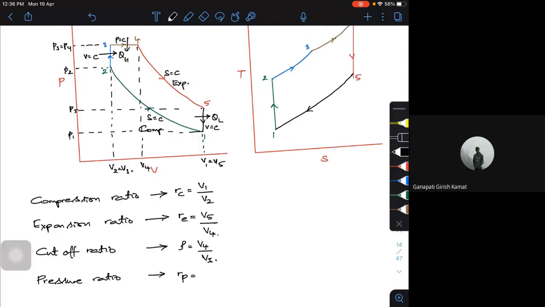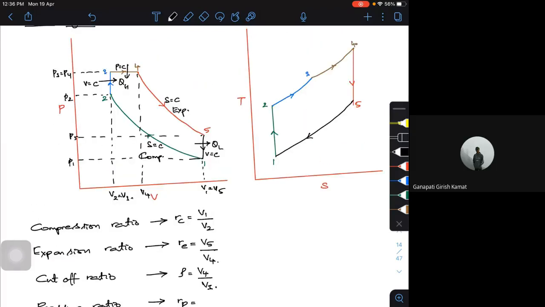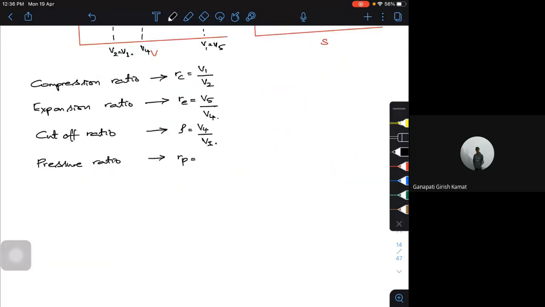What is the pressure ratio? It is P3 by P2. So all the ratios we are considering, I'm writing them so it will be easy for you. This is very, very important. Once we know these ratios, it will be easy for us to get the mathematical expressions.